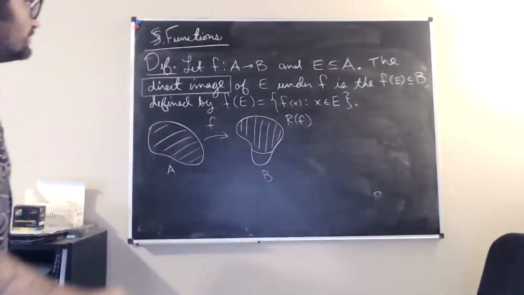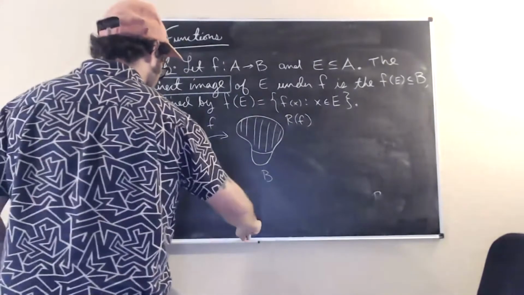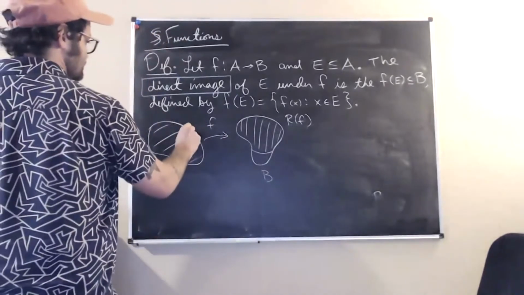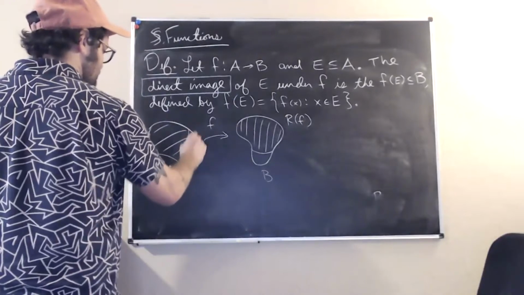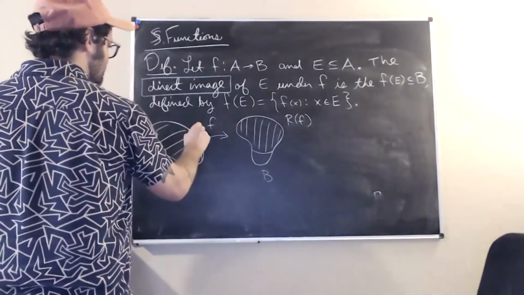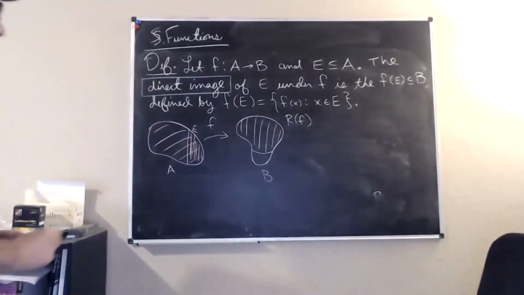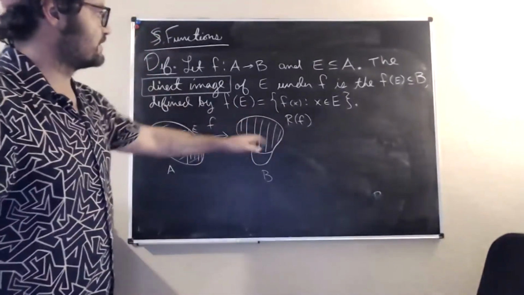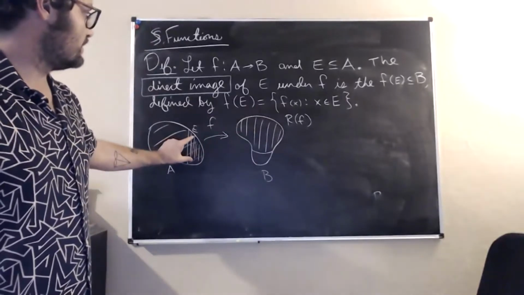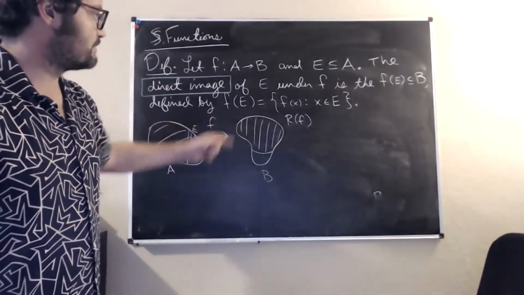But then if we have some subset in here, call this E right there, then the direct image of E is just the collection of all the points in here that were mapped under f.